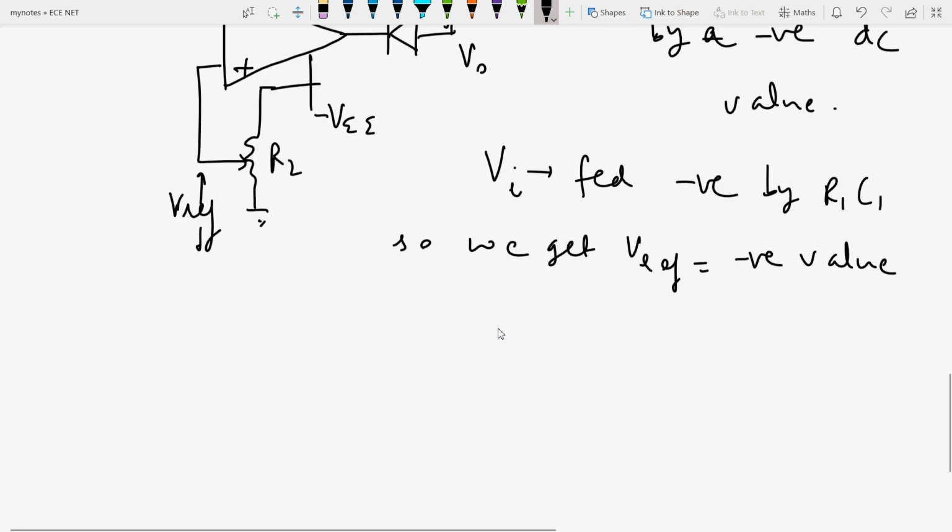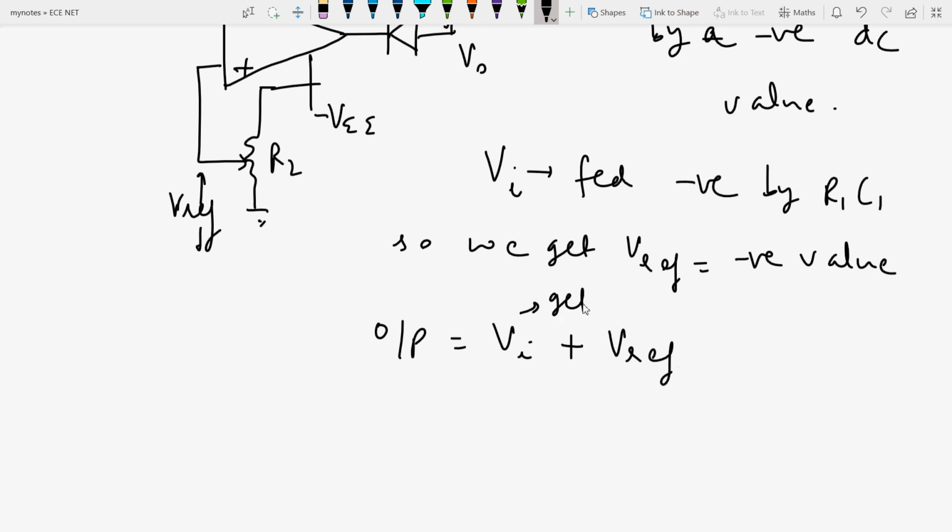The output will again be equal to the sum of the sinusoidal V input signal and the reference voltage, okay. So the negative clamper produces an output in such a way that the sinusoidal signal V input gets shifted vertically downward by this reference value, okay.